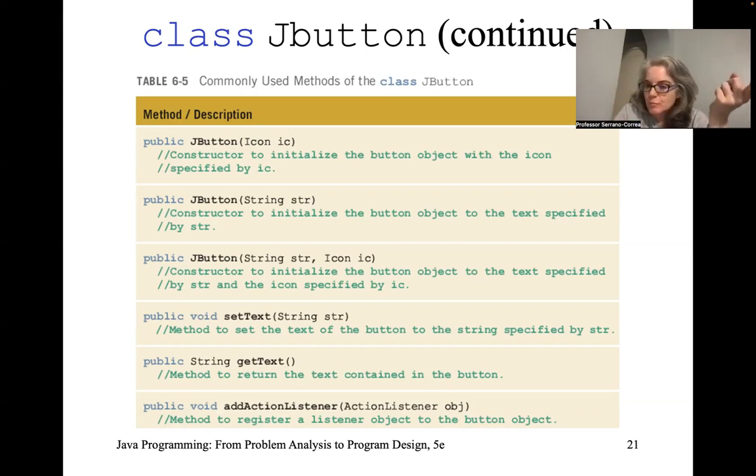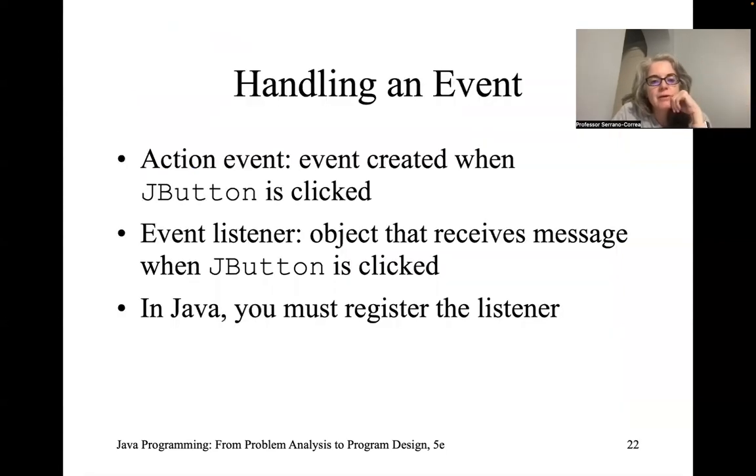And then once it's pressed, we'll look and see what we do, we decide what happens next. What do we want to happen when that button is pressed, or what do we want to happen when something's entered into a text box? So we do this with handling an event. Action events are events created by JButton.